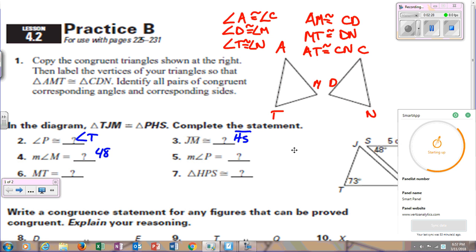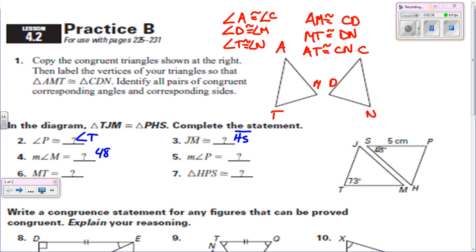For angle P, measure of angle P, that would be the same as the measure of angle T. T is 73 degrees, so measure of angle P is 73 degrees.